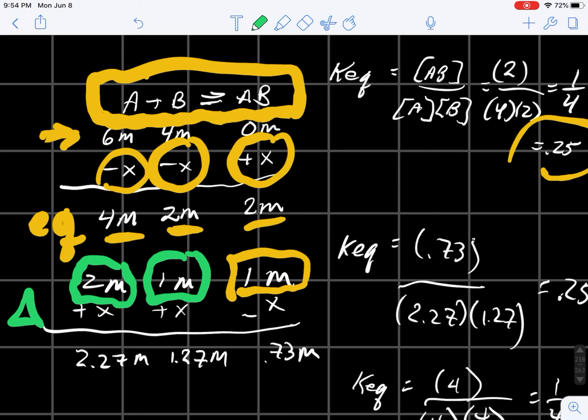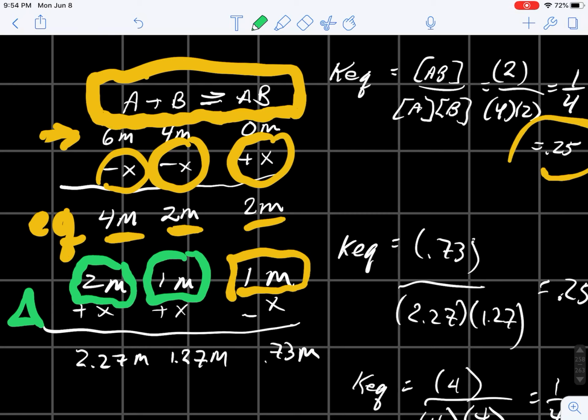The amount of change is going to be based upon how this thing needs to go in order to reach equilibria. I know based upon the numbers, if I was to substitute in the numbers we start with, I would get 1 over 2 times 1, which is 1/2. That number is too large. The number is going to have to be 0.25. So I can predict that this reaction is actually going to go in the reverse direction in order to reach equilibrium. And we're going to talk about how to do that in a moment, so don't freak out.